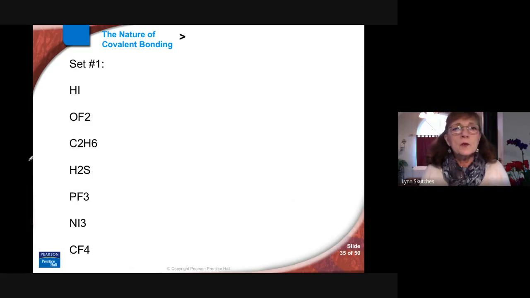Okay, so we've already done these. So I look at this H2S. Remember, this is really a subscript. H2S is a sulfur with 2 hydrogens attached. And remember, if there's a single element, a symbol without a subscript, usually you want to start with that one first. Okay, so sulfur.